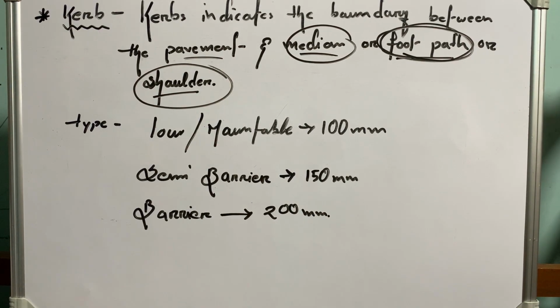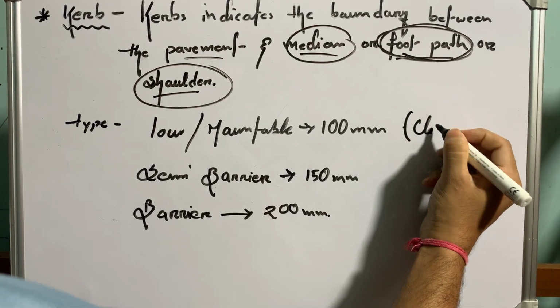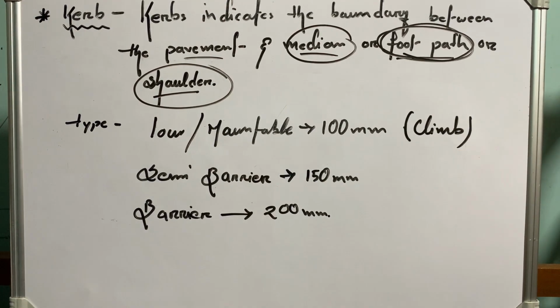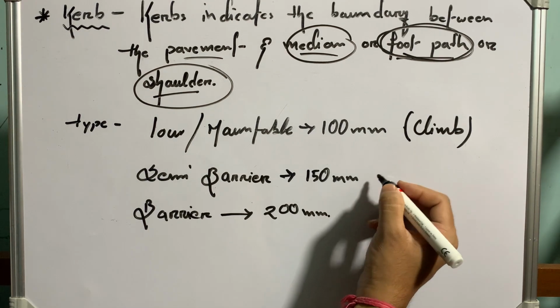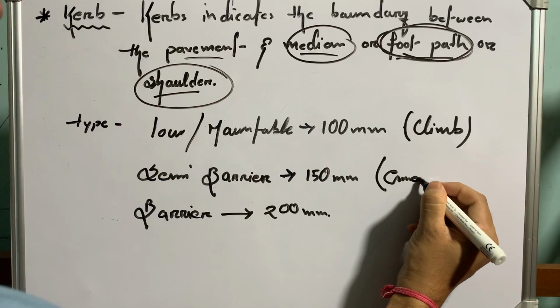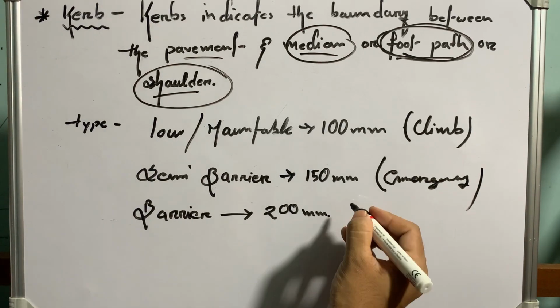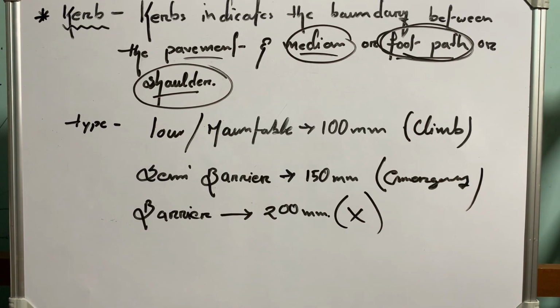So why are the types differentiated? Because each one has its own identity. The first one, low or mountable, you can climb, meaning your car or vehicle can climb it. But semi barrier, only in case of emergency can you climb.